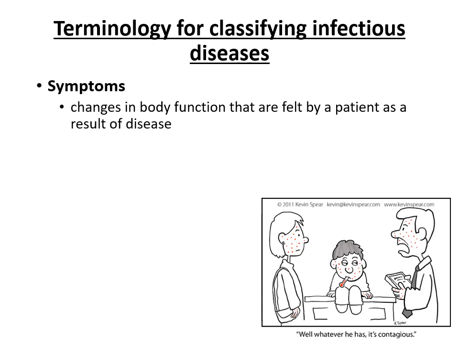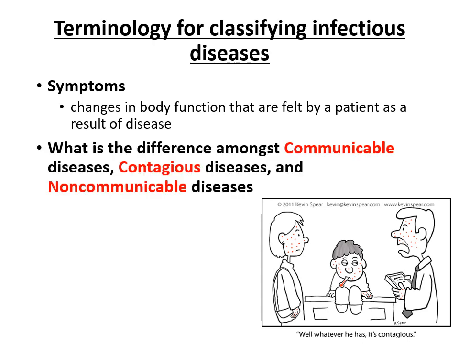Then we get to the next terms, and these terms are communicable, contagious, and non-communicable. Okay, all three describe infectious diseases, and you have to know the difference amongst them, as well as the examples of them. So first up, we have communicable diseases. Communicable diseases means that the disease can be spread from one host to another, but that it won't be that easily or quickly spread.